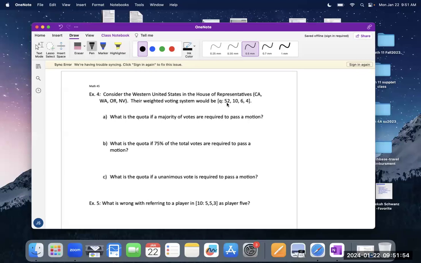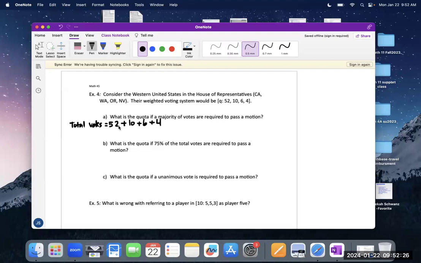So again, we need to just find the total number of votes and then take half of that and then add 1. They like to use a capital letter V for the total number of votes. So 52 plus 10, plus 6, plus 4.